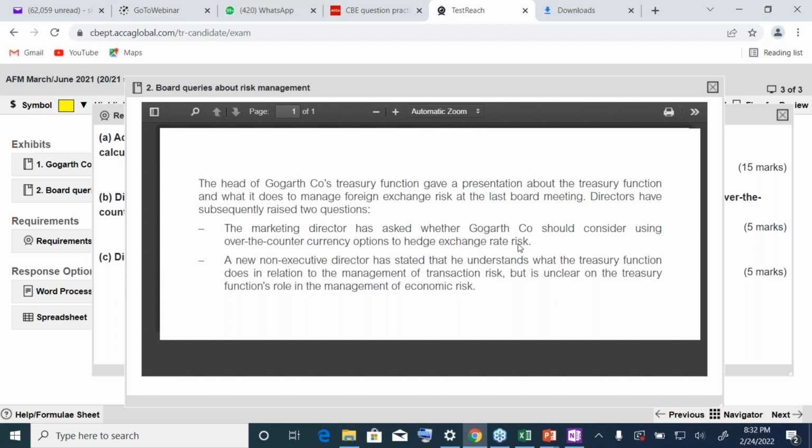This belongs to the B part, where you have to discuss the advantages and disadvantages of over-the-counter exchange rate derivatives. The last point is that a new non-executive director has stated that he understands what the treasury function does in relation to the management of transaction risk, but is unclear on the treasury function's role in the management of economic risk. So you will be explaining the role of the treasury manager in the analysis of economic risk. This is the C part, and we will be solving it shortly.